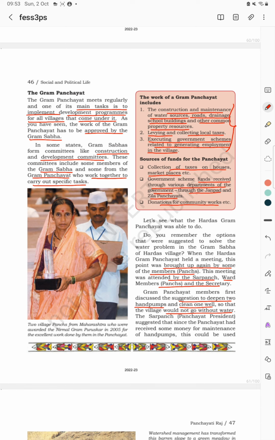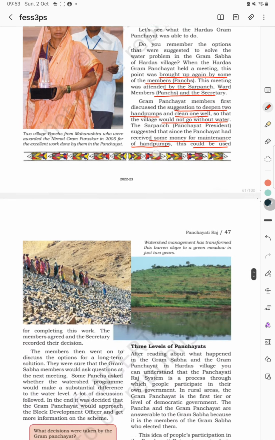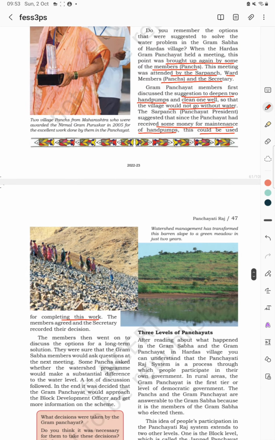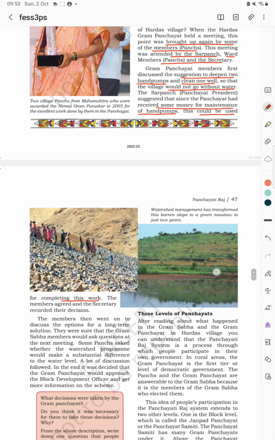The Sarpanch suggested that since the Panchayat had received some money for maintenance of hand pumps, this could be used for completing this work. So they suggested using this money to deepen two hand pumps and clean one well.